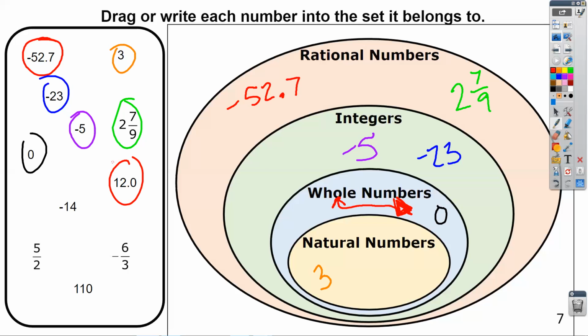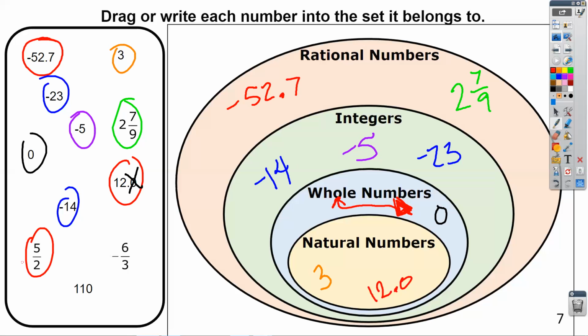This is a tricky one. That should be natural numbers, because remember, I can drop off that 0 and it just becomes a 12. Negative 14. That is an integer because it is a whole number, no fraction or decimal.